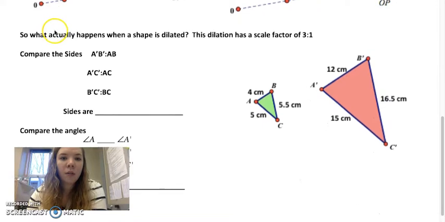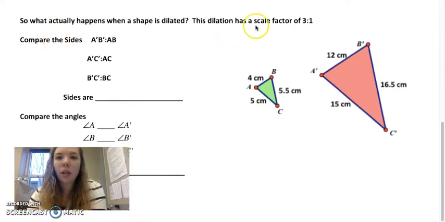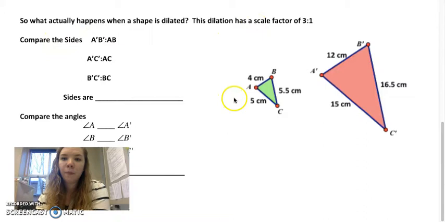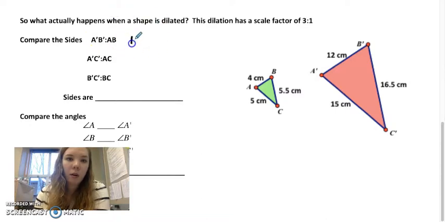So what actually happens when a shape is dilated? So in this case, we have a scale factor of 3 to 1. So all of our side lengths got 3 times as large. Okay, that's going to affect our area in a different way, but for the side lengths, they're all 3 times as big. So it says A prime, B prime to AB was 12 to 4, which is the same as 3 to 1.